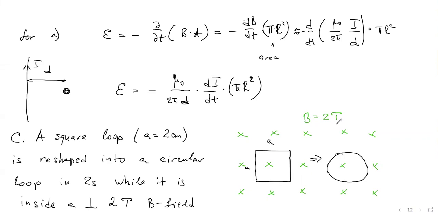And I do this in 2 seconds. How much induced EMF will I generate, and what will be the direction of this induced EMF? Is it going to be clockwise or counterclockwise?